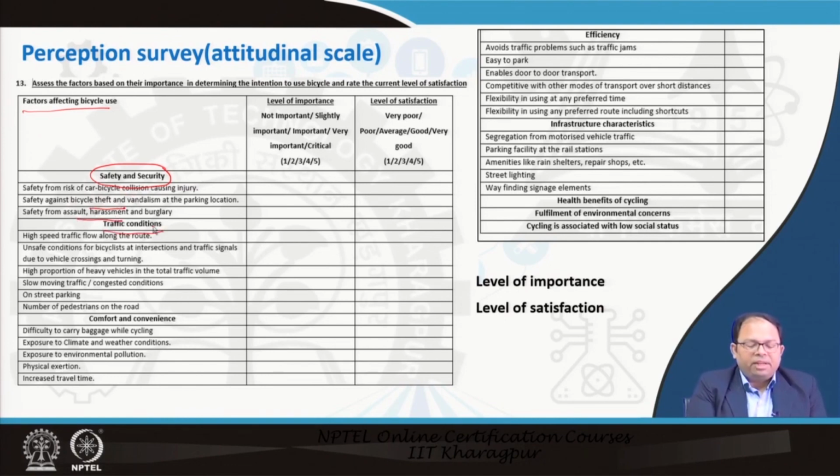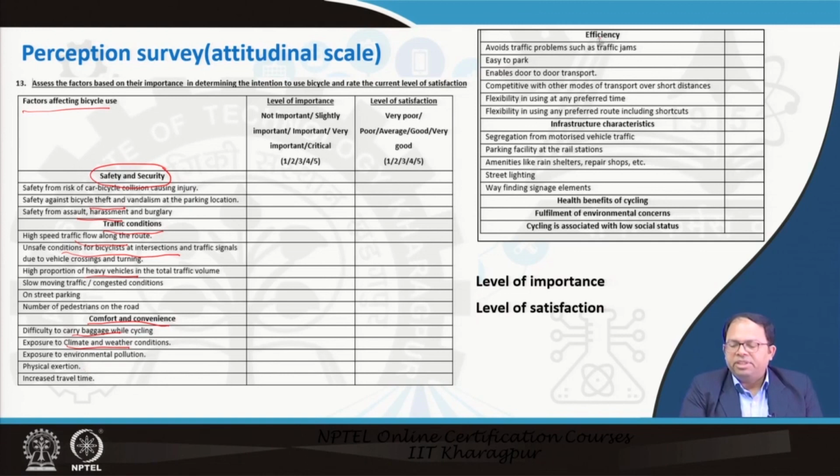Then we are looking into traffic conditions: high-speed traffic flow along the route, unsafe conditions for bicyclists at intersections, high proportion of heavy vehicles. Then coming to comfort and convenience: difficult to carry bags along when cycling, then exposure to climate and weather conditions. So these are the different things which can determine his satisfaction or his perception about bicycling.